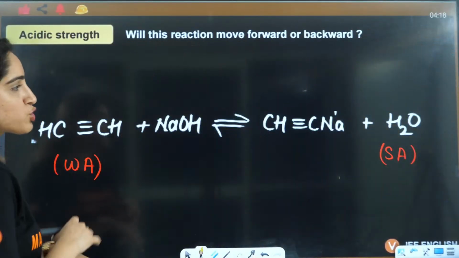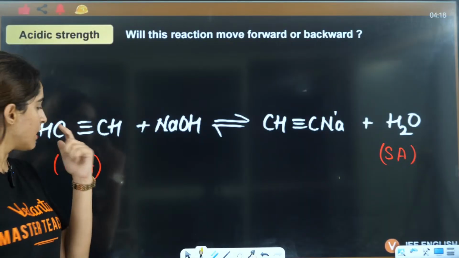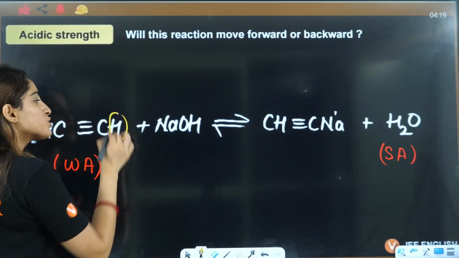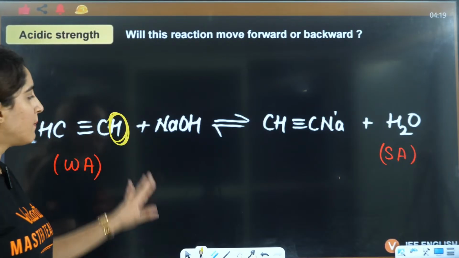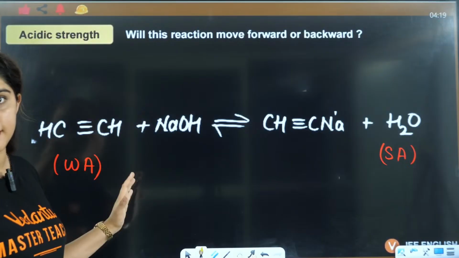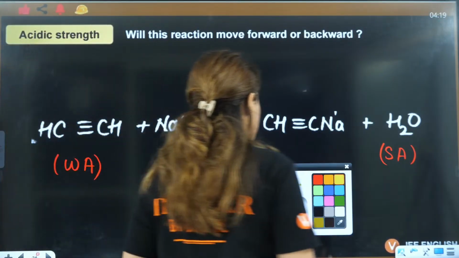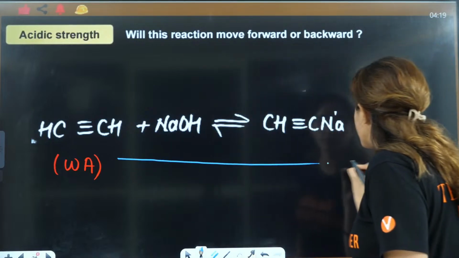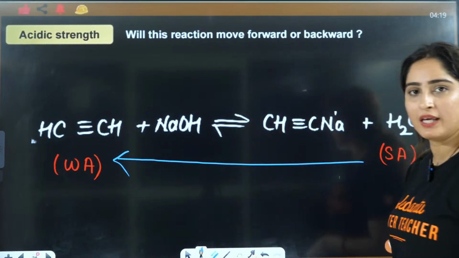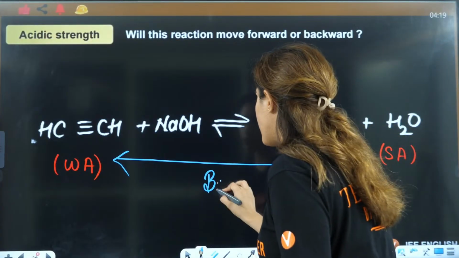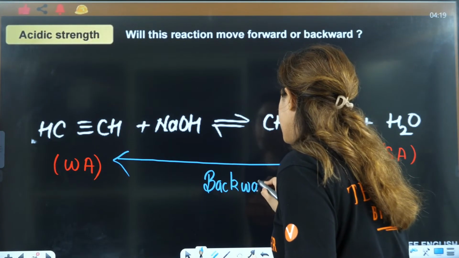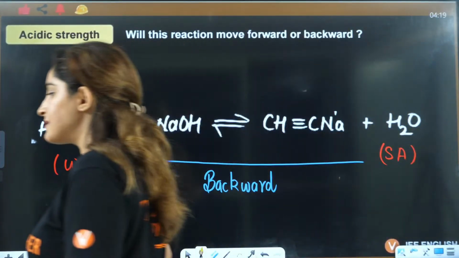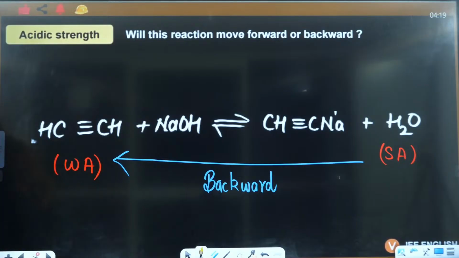In that way also you will learn why this is more acidic, why this is a weak acid, and how come alkyne is acidic, because this hydrogen is very acidic, but as compared to water it is a weak acid. Okay, that we'll study when we study hydrocarbons. So here always it moves from strong to weak. That is why the reaction is going to be backward, and hence this is the answer.